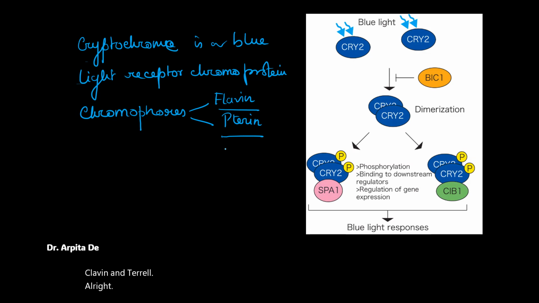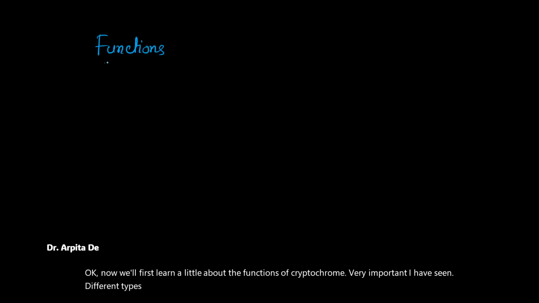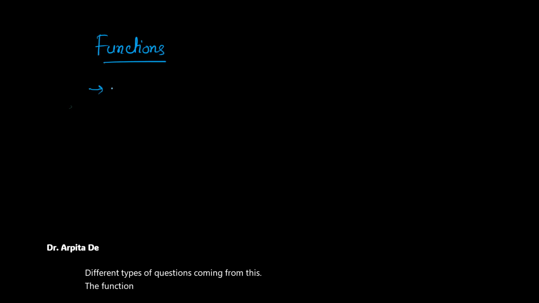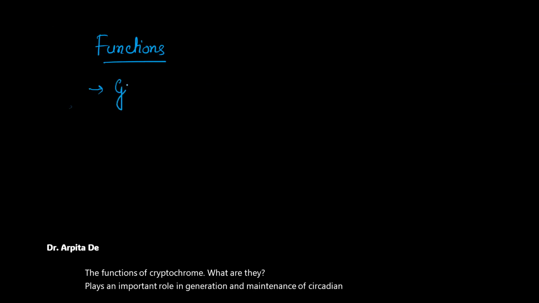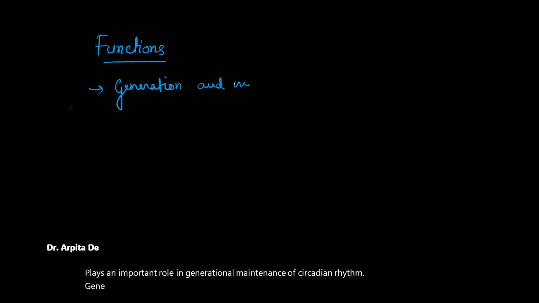Okay. Now we'll first learn a little about the functions of cryptochrome. Very important. I have seen different types of questions coming from this. Functions of cryptochrome. What are they? It plays an important role in generation and maintenance of circadian rhythm.